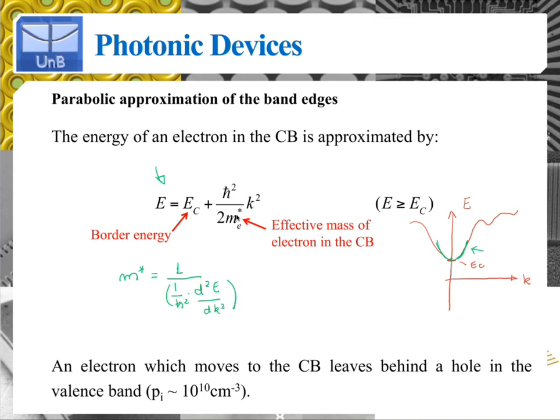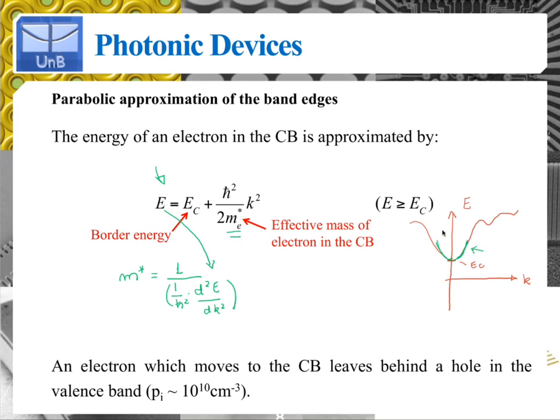So if you substitute this energy here, you will see that what will result will be this value here, okay? So the effective mass of the electron, we can see, is defined based on the parabolic approximation, okay? If you take this quantity and substitute here and calculate, you will get m star.